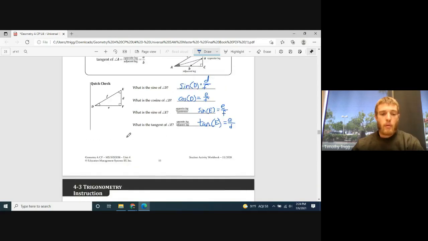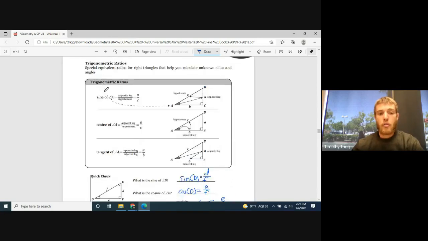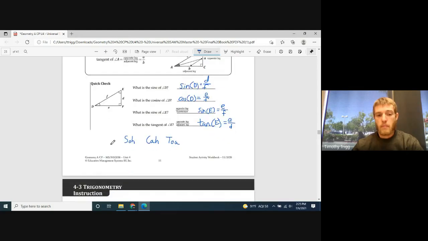Now, a lot of people like to just memorize this. SOHCAHTOA. If you just memorize this little phrase, SOHCAHTOA, then it teaches you all three of the trig functions. You see that?